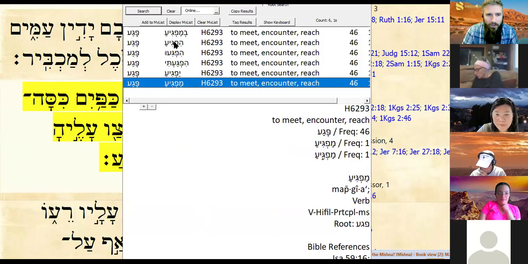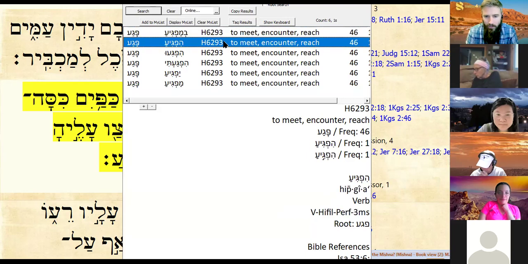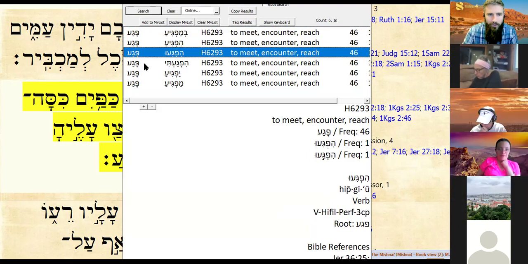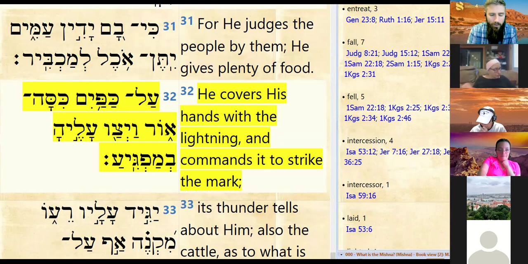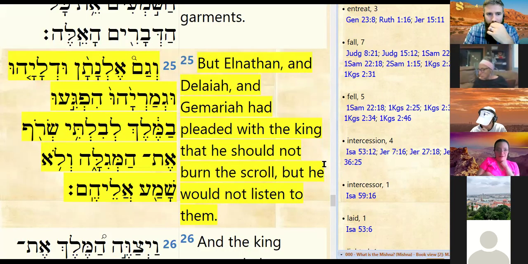Where was the other one? It was in Jeremiah, right? 36:25. Said that there was two in Jeremiah. Yes, there are two in Jeremiah. And so let's see, where is this one? There. Yifgi'u.